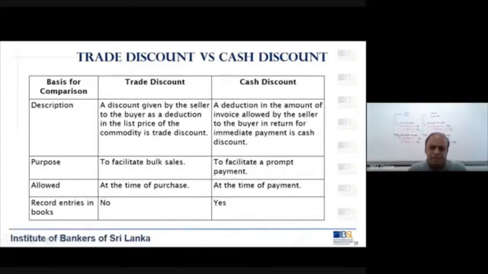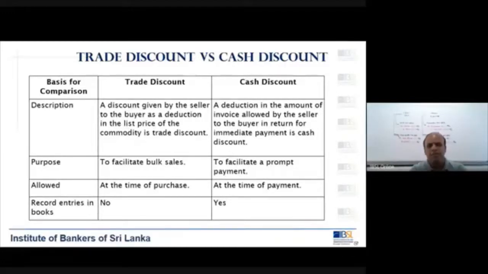Now, I think you might have observed this in your day-to-day life, when you go and buy goods from stores or showrooms, where they offer these two types of discounts. But generally, the discount that we receive is a cash discount.